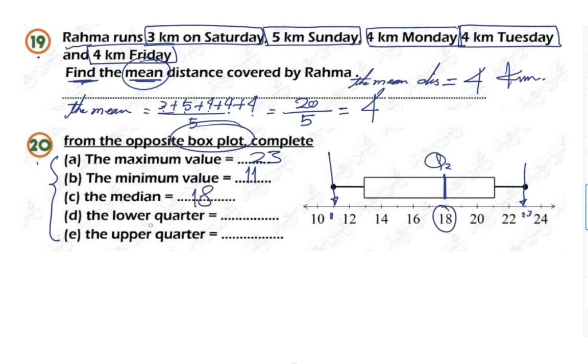The lower quartile or Q1, this line leads us to in between 12 and 14, that's 13. Last point, the upper quartile or Q3, this line indicated for this point in between 20 and 22, that's 21.